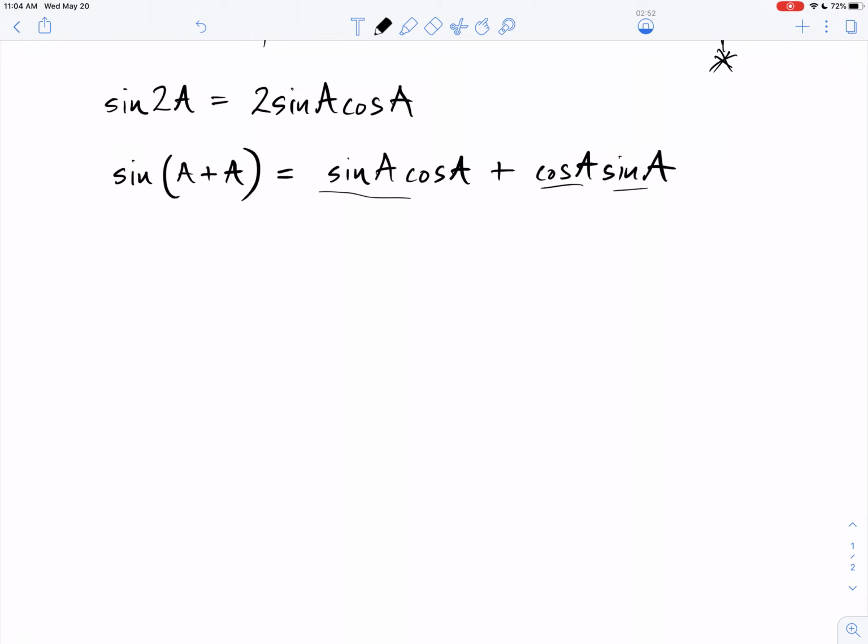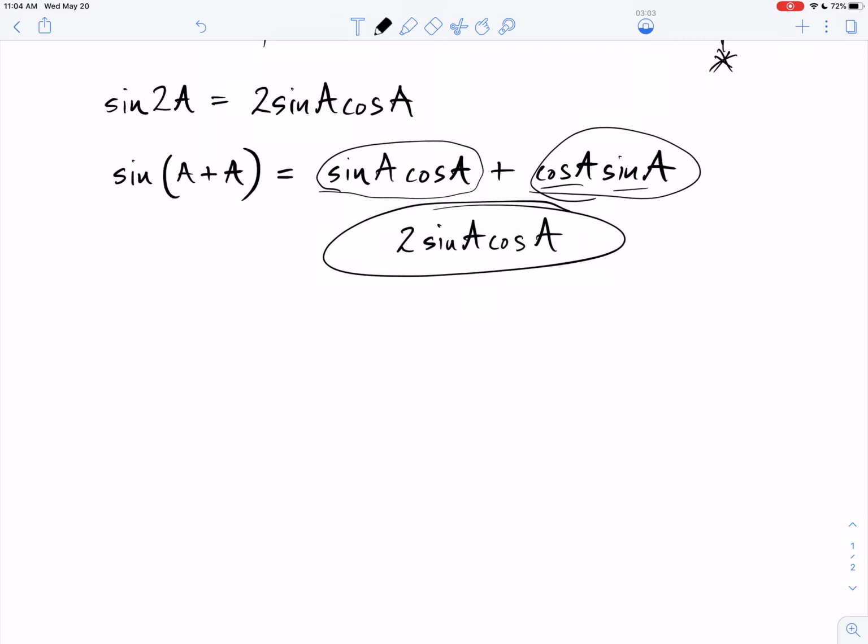It gives me one of them here, and one of them here. Guess what? I have two of these grand total. So there's the formula they want you to know. They want you to know this is equal to that. And all I did is I used the sum formula for sine.